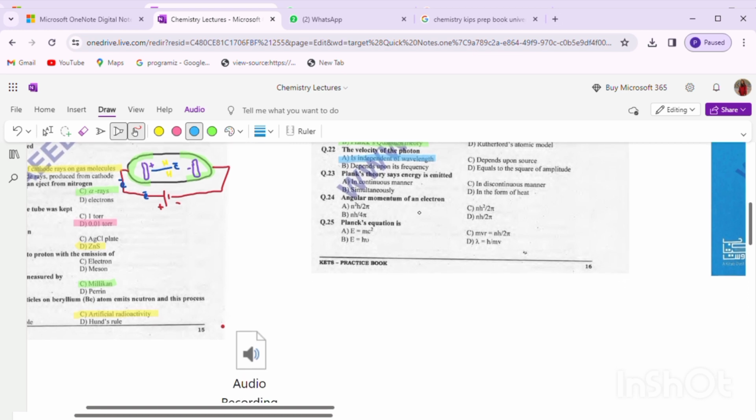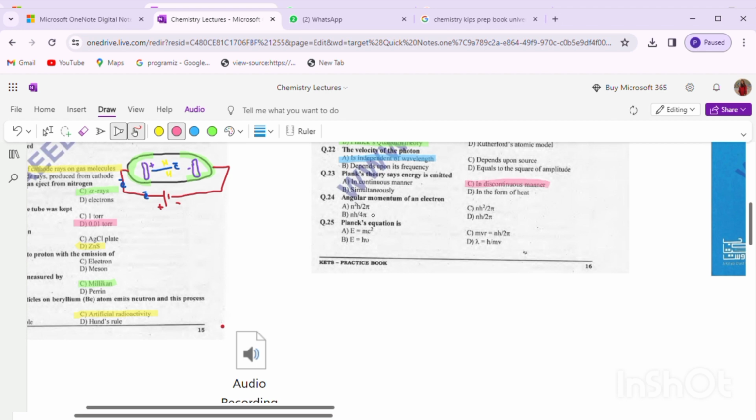Planck's theory says energy is emitted in discontinuous form, so the correct option is discontinuous form. When we discussed Planck's quantum theory, I told you in detail that energy is emitted in discontinuous form.